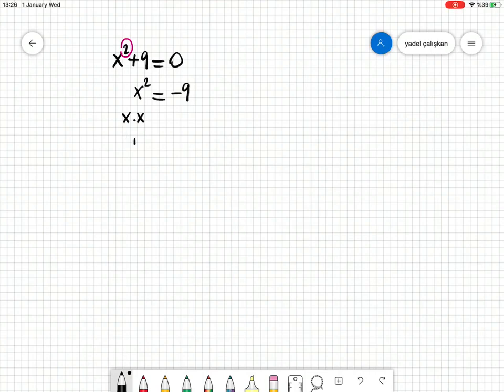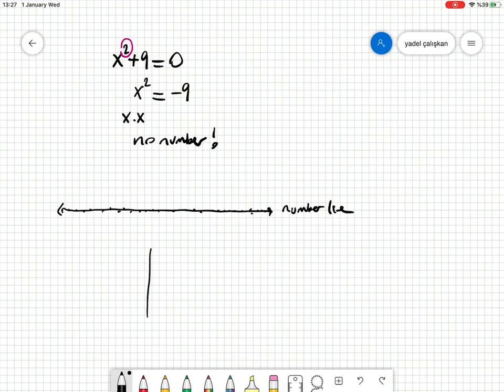No number, but for real numbers we talked. You know, this is the number line, which is composed of infinitely many points.